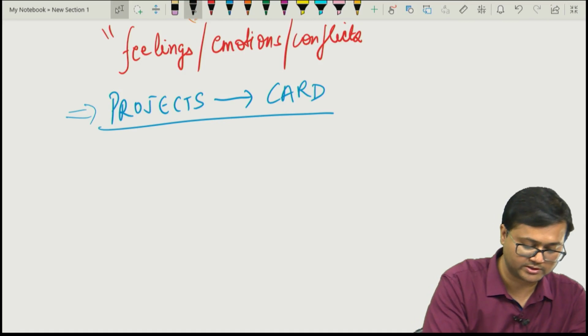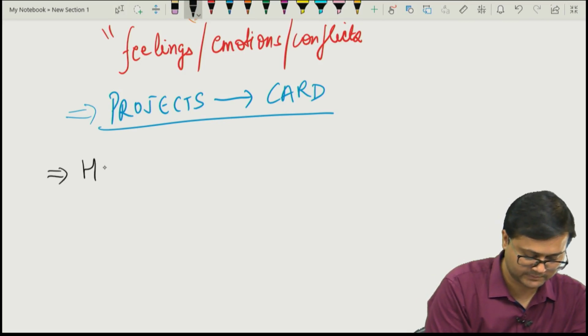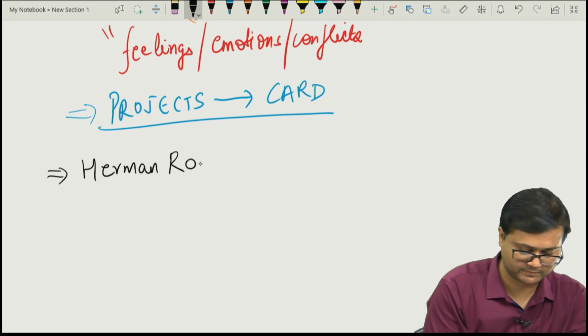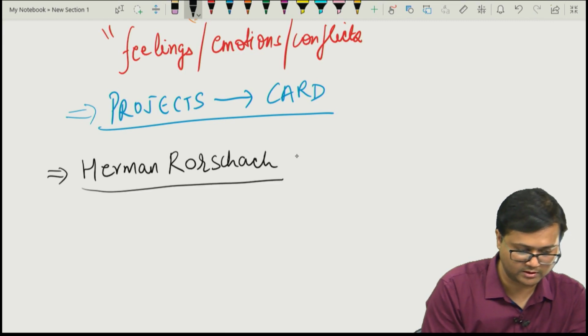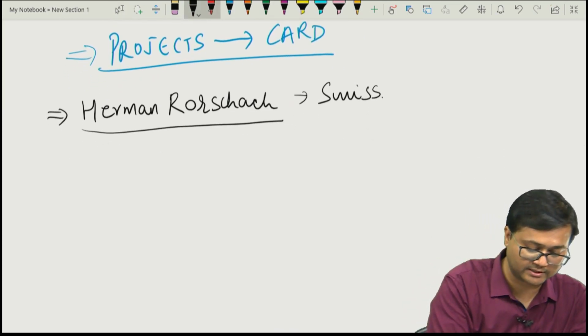Now the Rorschach test was given by Hermann Rorschach, a Swiss psychiatrist.